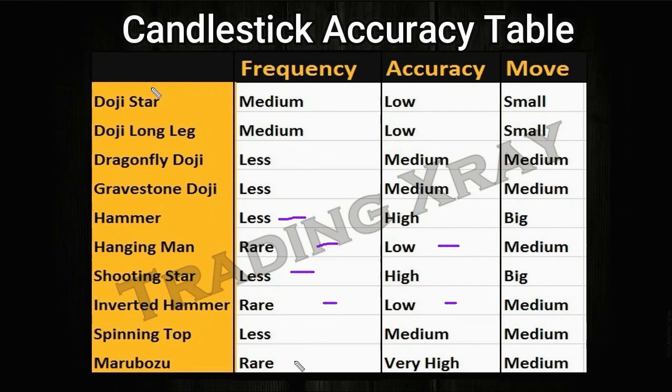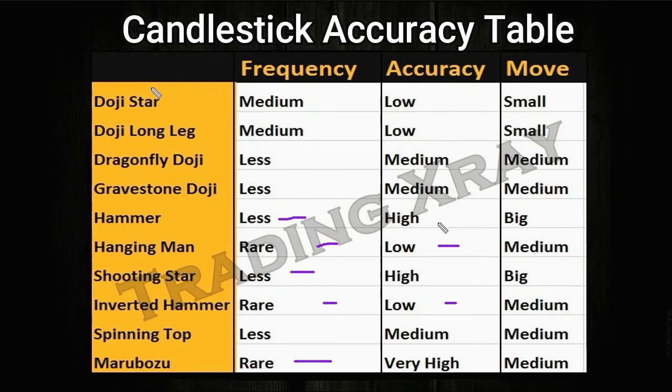Then the last, Marubozu. As you can see, the frequency is very rare, but the accuracy is very high and the move is medium. So we can expect a good swing trade in the Marubozu candle because its accuracy is very high.